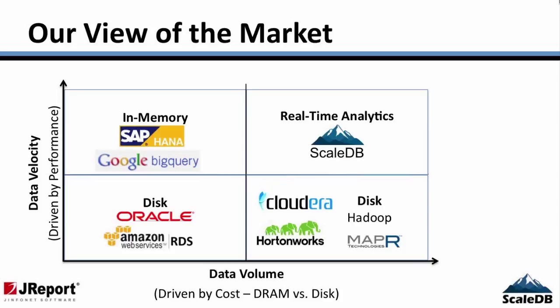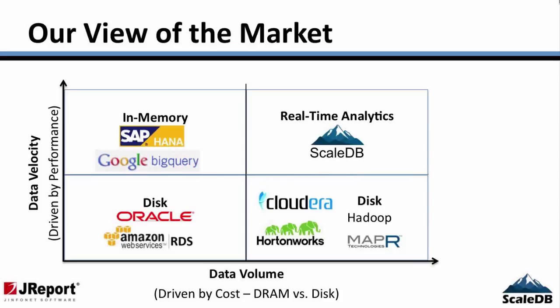So if you look at in-memory, the memory is approximately 500 times more expensive than disk. So if you're streaming in data and it's accumulating into large amounts, then you're going to end up with an extremely expensive system.